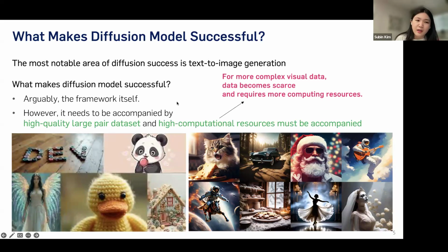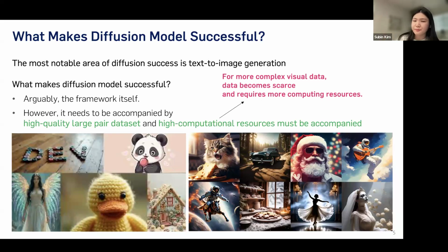But to enable that, it must be accompanied by high quality large paired datasets, such as the text prompt for an image and the high quality image. There should be a lot of paired data to train the model, and it also requires high computational resources.